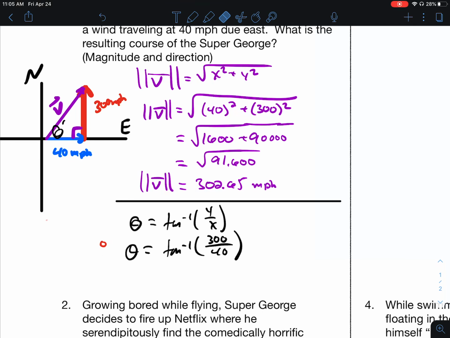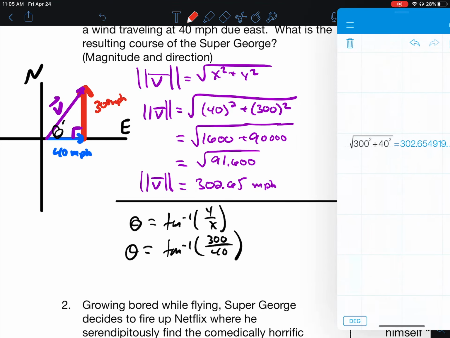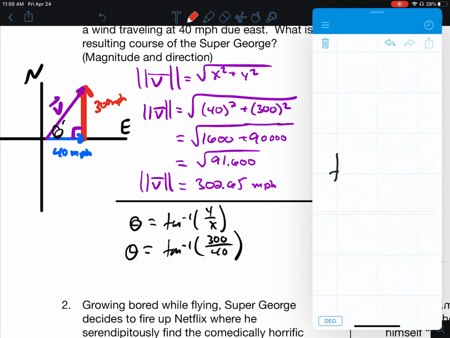You can if you want, what you just saw there in red. I put this into my calculator. Tangent inverse of 300 over 40. That's going to get an angle. We're going to round the angles to the nearest degree, 82 degrees.